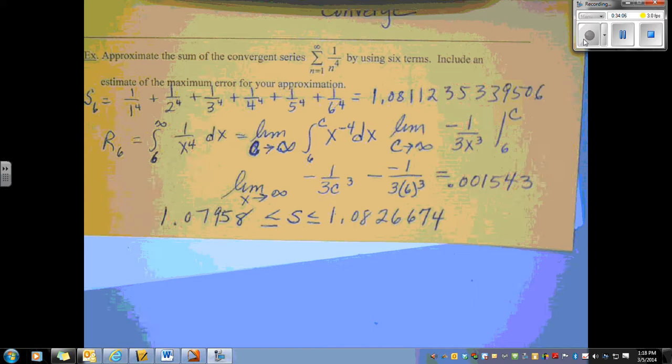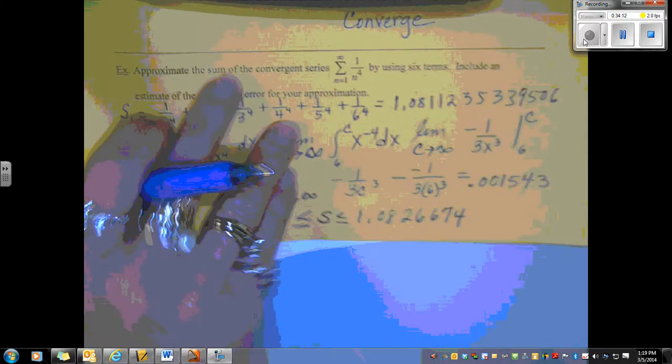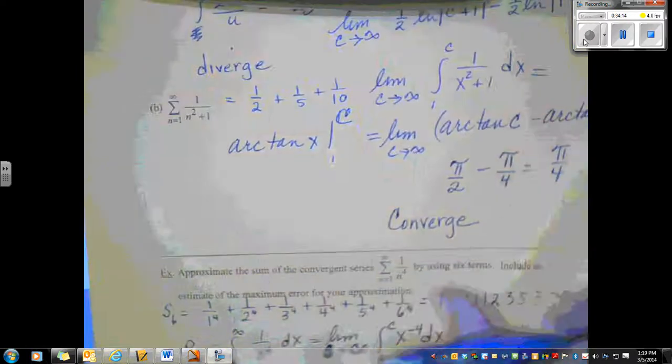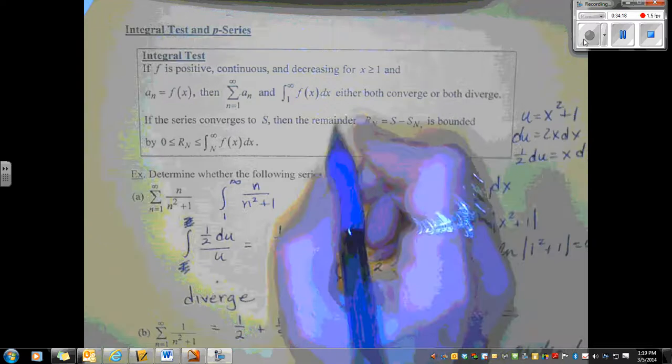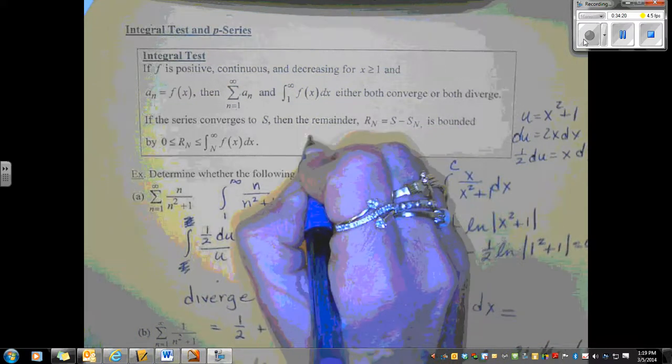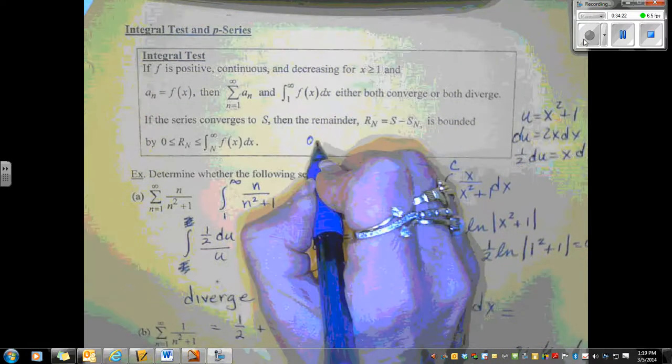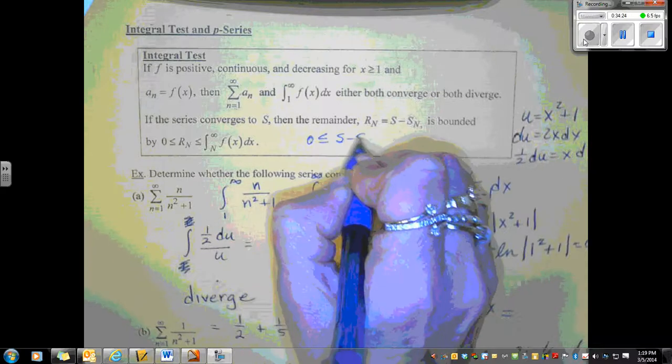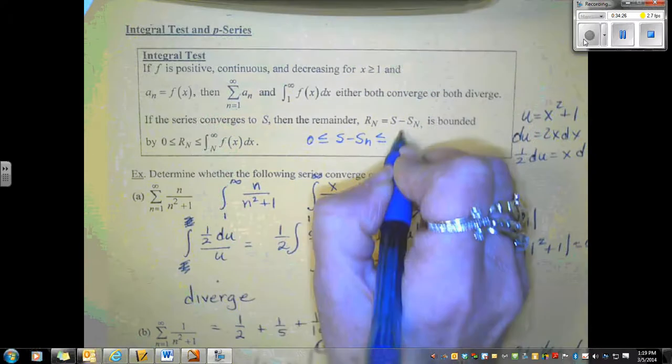If you were to put this in there, look at this. Okay, so I would have 0 is less than or equal to S minus S sub n is less than or equal to this.